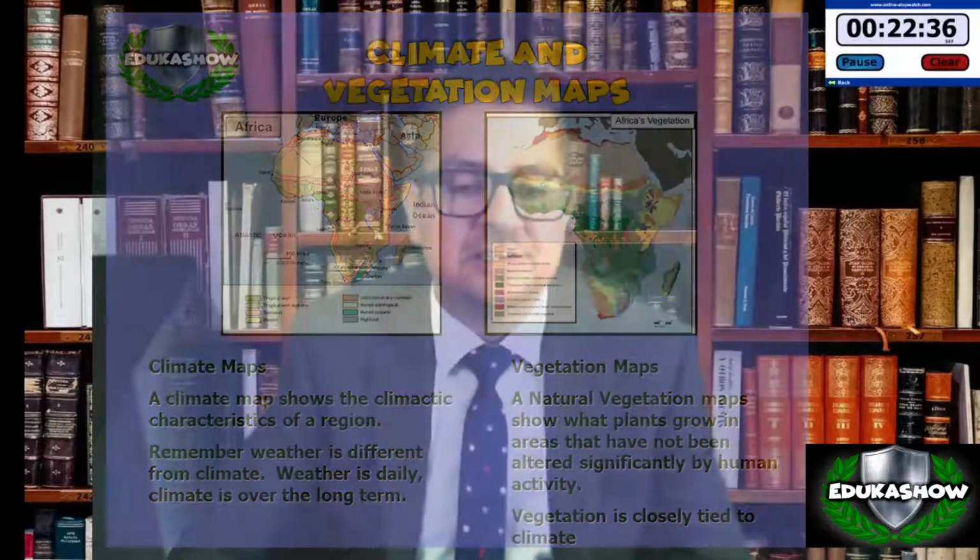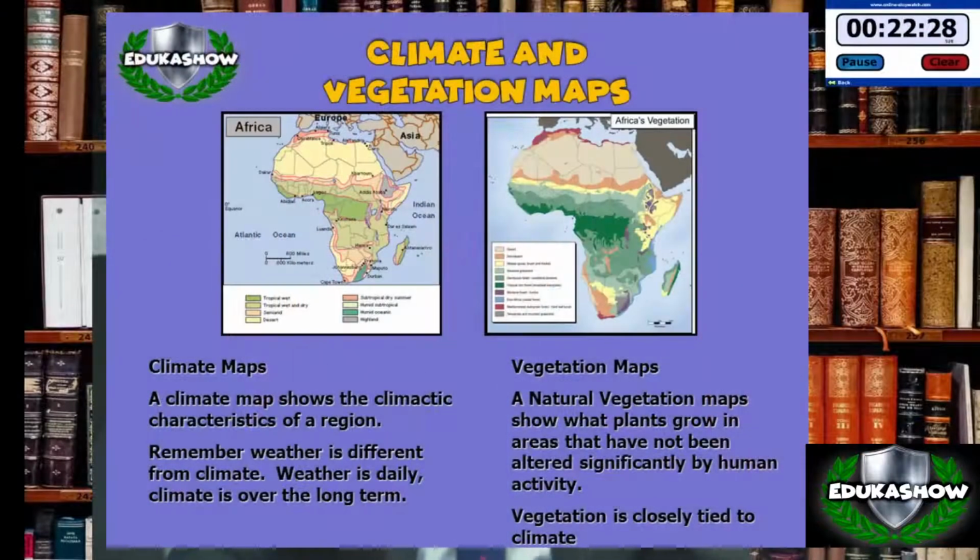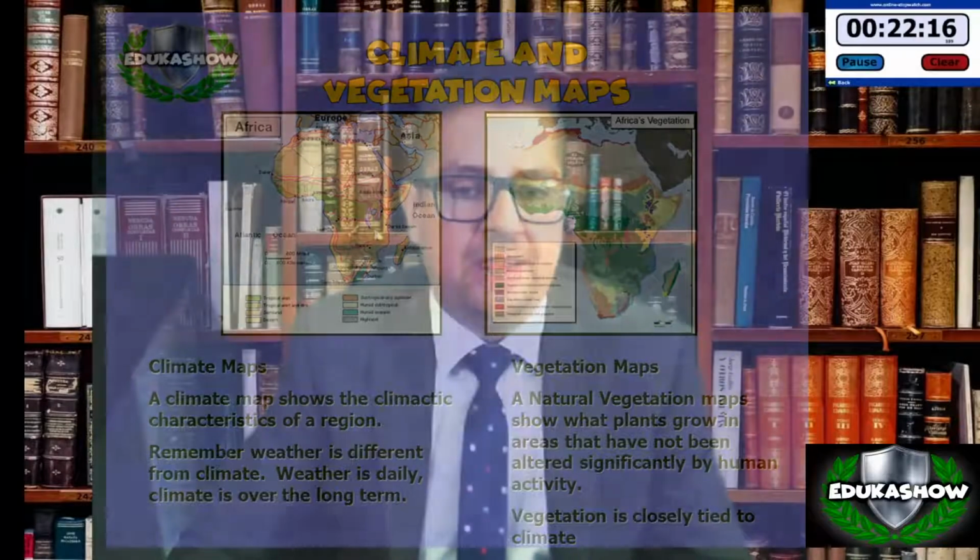And there you can see two maps in that slide. On the left, you're going to be looking at the vegetation with the climate, and this is just going to be the map of the climate. And over there, you're going to be looking at how Africa has a different type of climate, and it's shown in that image.